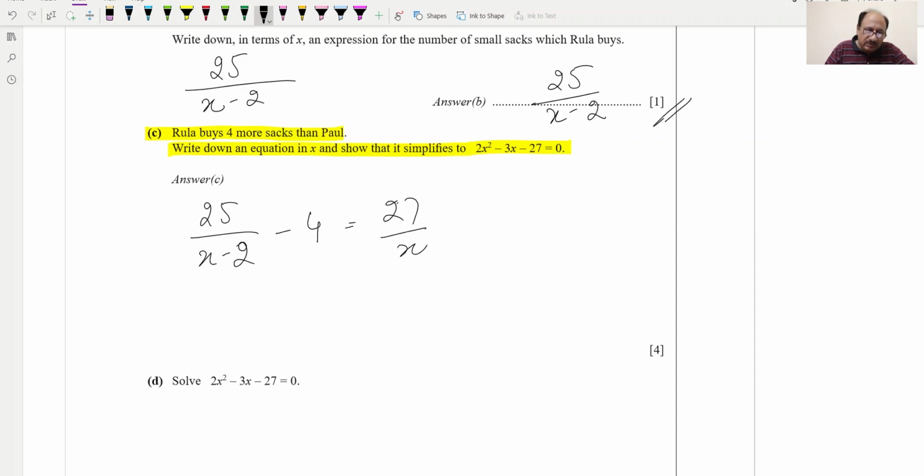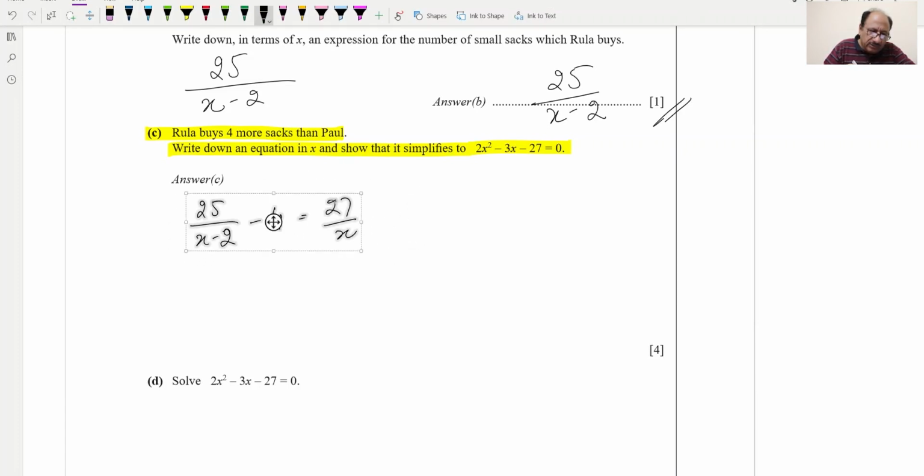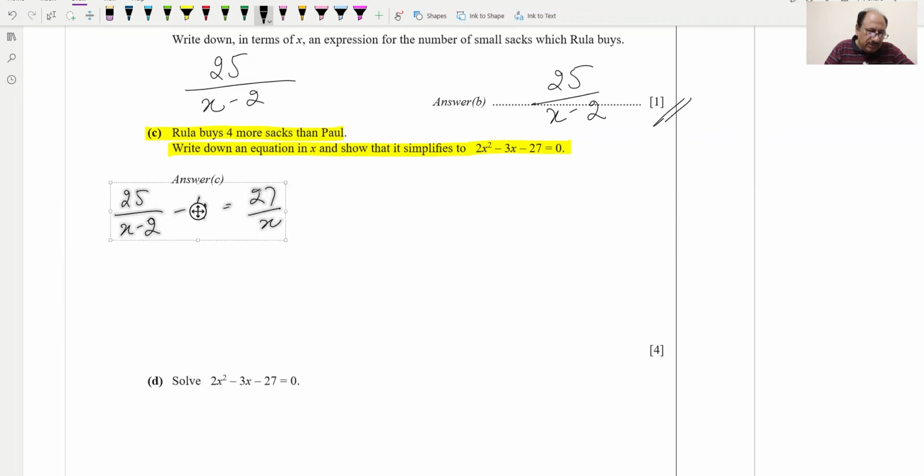This is a 4-mark question, so we will have to completely provide the working for this. So we will shrink this one to a readable size, and now we can simplify. For simplification, what we can do is put them in brackets.